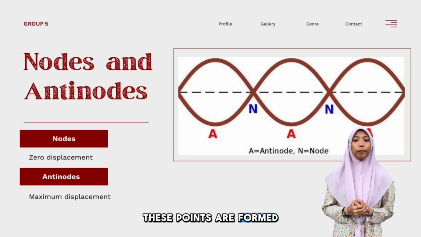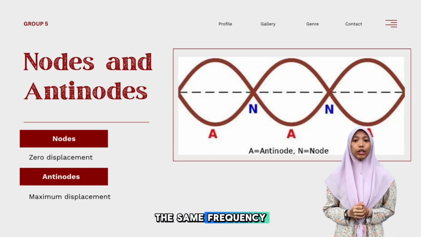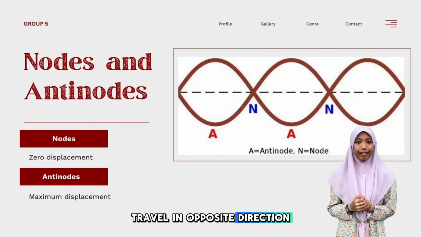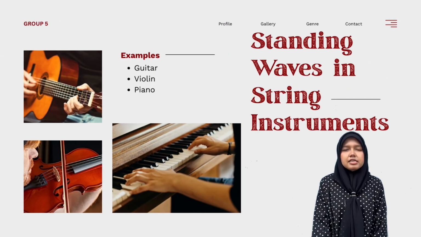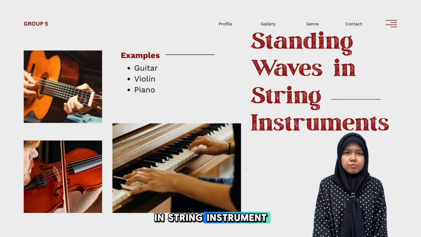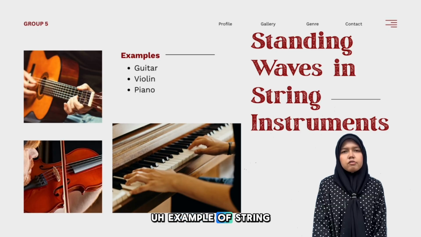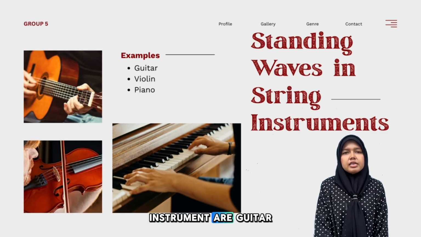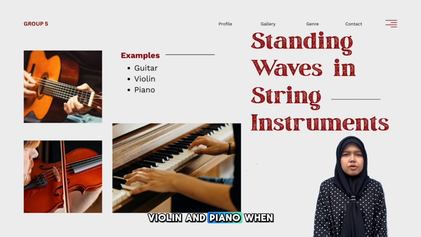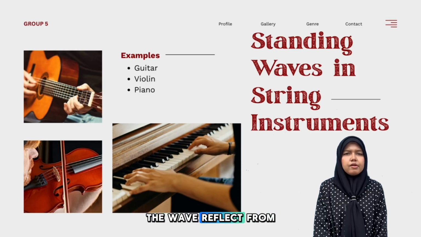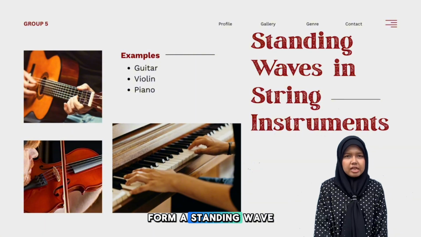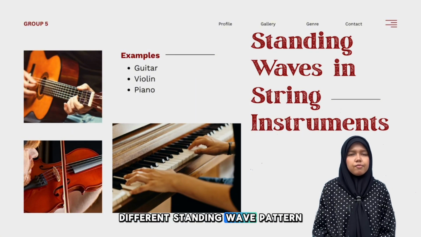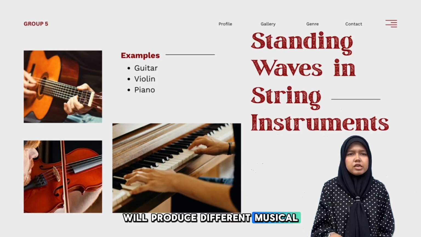These points are formed because two waves of the same frequency travel in opposite directions and interfere with each other. Let's look at standing waves in string instruments. Examples of string instruments are guitar, violin, and piano. When a string vibrates, the wave reflects from both fixed ends and interferes to form a standing wave. Different standing wave patterns will produce different musical notes.